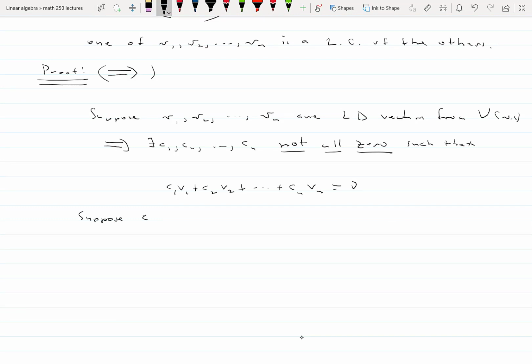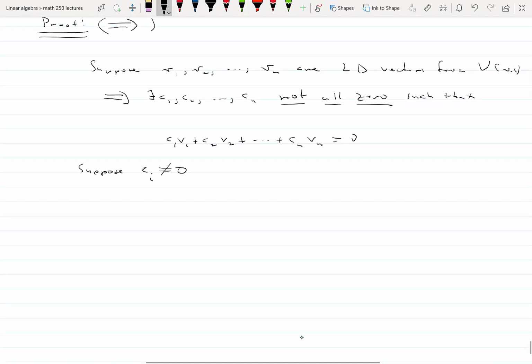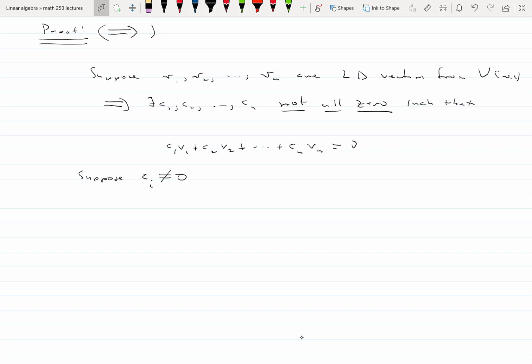Let's say C sub I is not zero. I can do that because, since I'm assuming that the vectors are linearly dependent, at least one of those constants is not zero. Suppose that one guaranteed constant, there may be others, is c sub I.